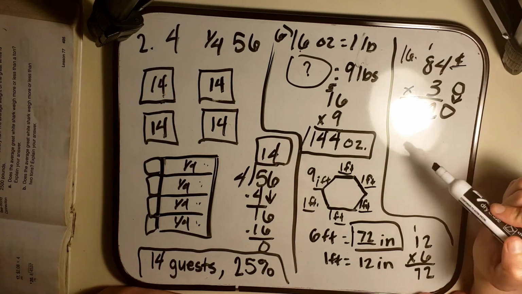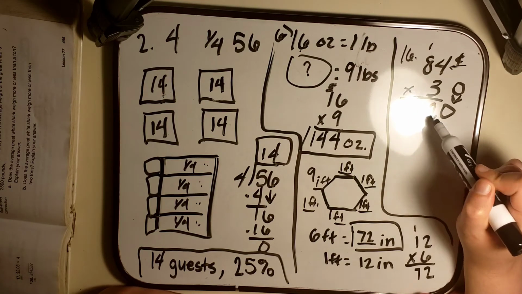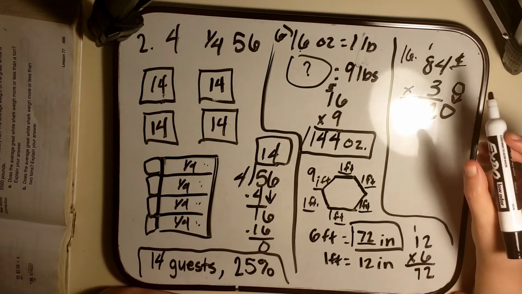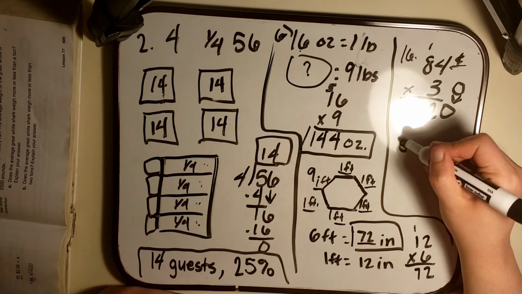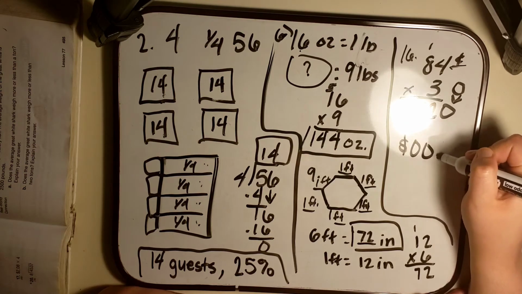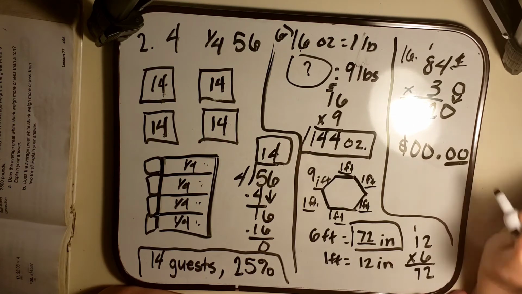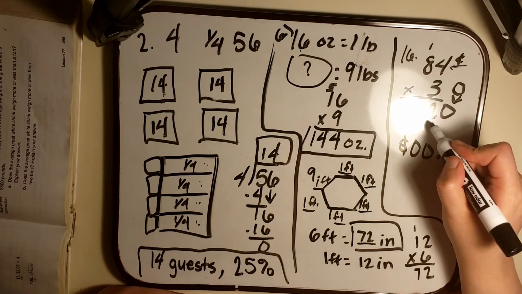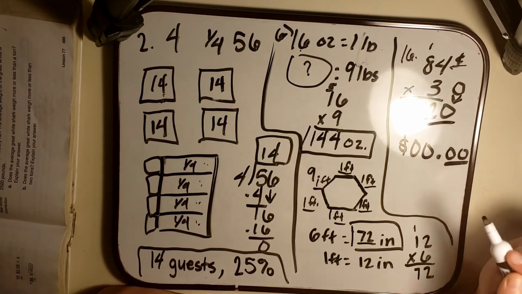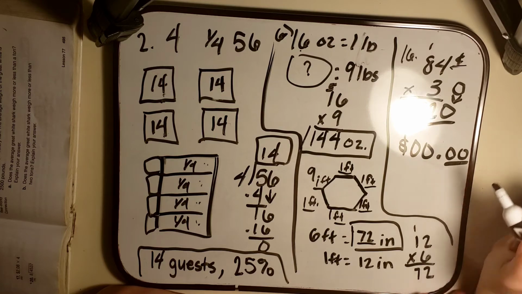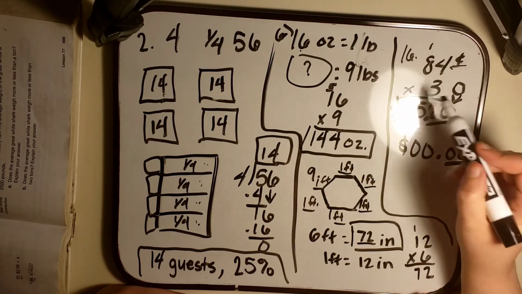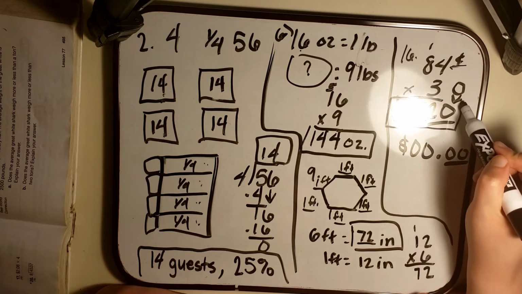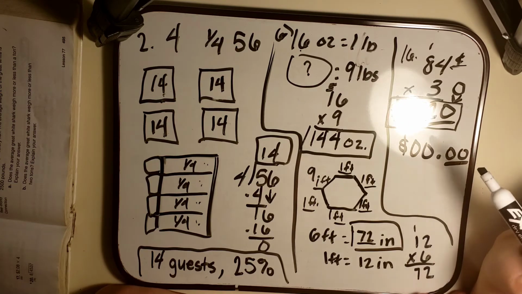Now, it's money, so we can't just write 2,520. That's not money. We need to remember how we write money. So money is usually written something like this, right? We always have 2 numbers after the decimal. So we take those 2 numbers and then we put a decimal before it. And we put a dollar sign in front. So $25.20 is that answer.